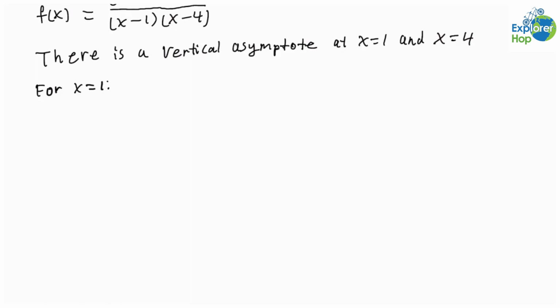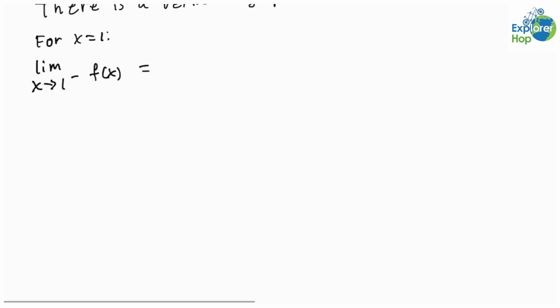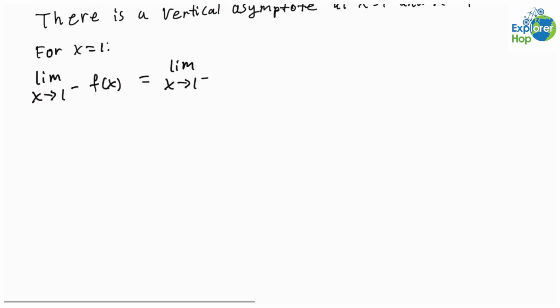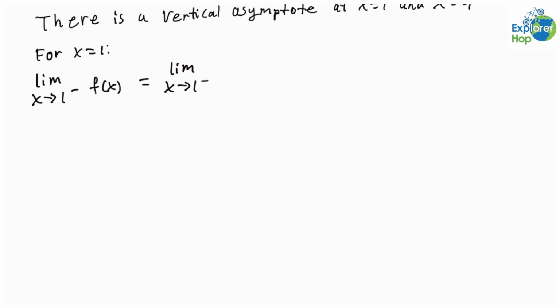So the limit as x approaches 1 from the left in the function is equal to the limit as x approaches 1 from the left in the function x plus 1 times x minus 3 over x minus 1 times x minus 4.